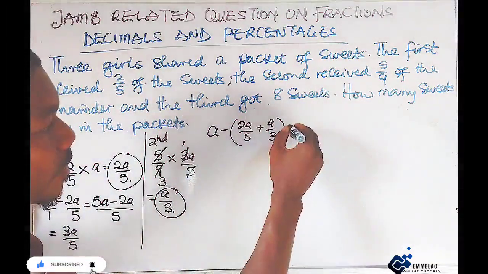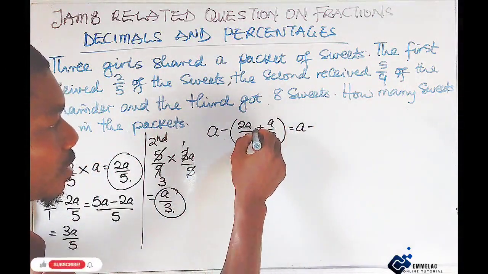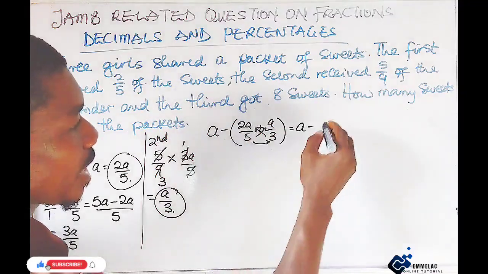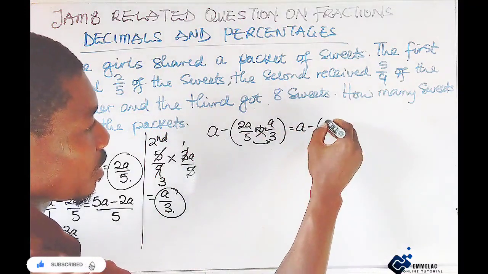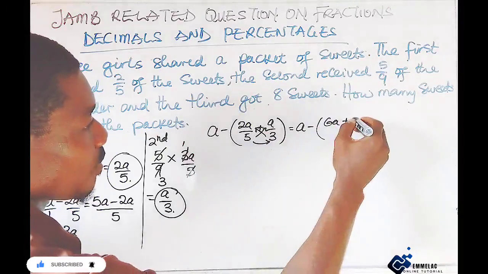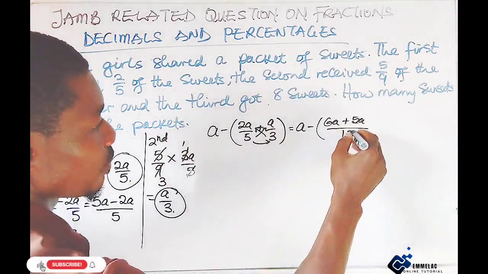Using the same trick, just cross multiply: 3 times 2A, we have 6A, plus 5 times A, we have 5A, all over 5 times 3, which is 15.